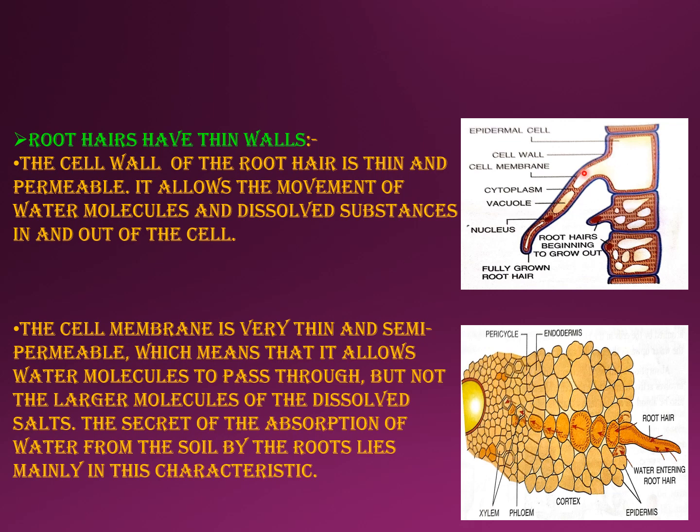Again, another label here is vacuole. We all know plant cells have large vacuoles. You can see the labeling: the epidermal cell, next to it also an epidermal cell, then the cell wall as the outer layer, the cell membrane as the second layer, then the nucleus. In this way you can find a number of root hairs. The largest, fully grown root hair is shown here in the picture.